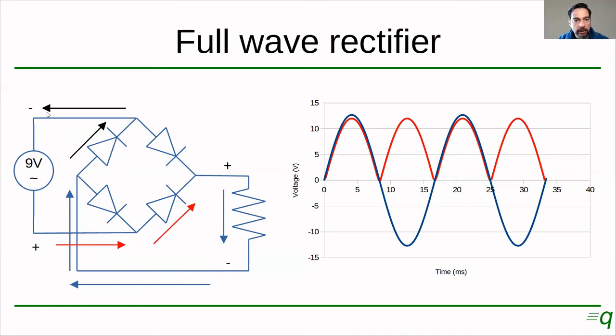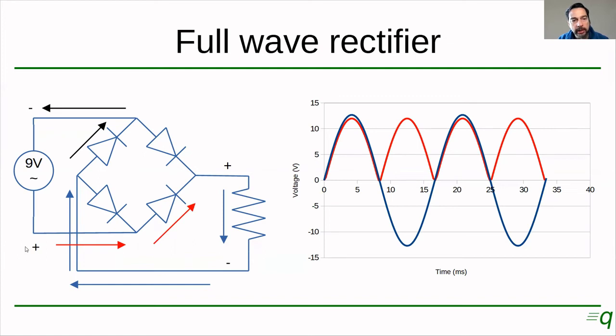After it flows through the resistor, it goes through this wire and then to the negative side of the source through this other diode. So again, remember, in the positive half cycle, when this was positive and this was negative, current was flowing through this diode, through the resistor, and through this diode here.